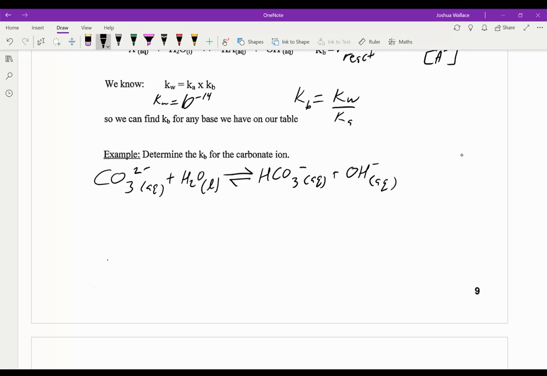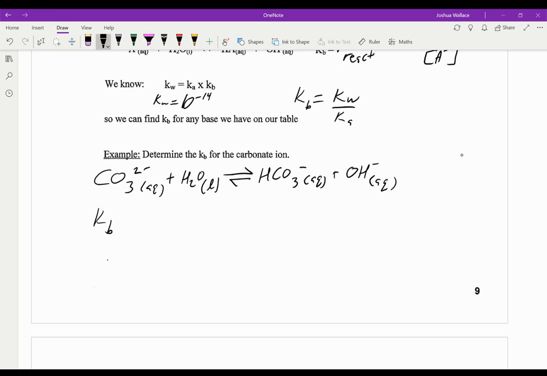Negative 2 on the left side here, negative 1, negative 1 making negative 2 on the right side there. We're good with that. All right. My Kb in this case is going to be HCO3 minus times OH minus, these two together, over CO3 2 minus. H2O is a liquid, so it's not included in there. But I don't need to find it that way. I just need to determine the value of the Kb.